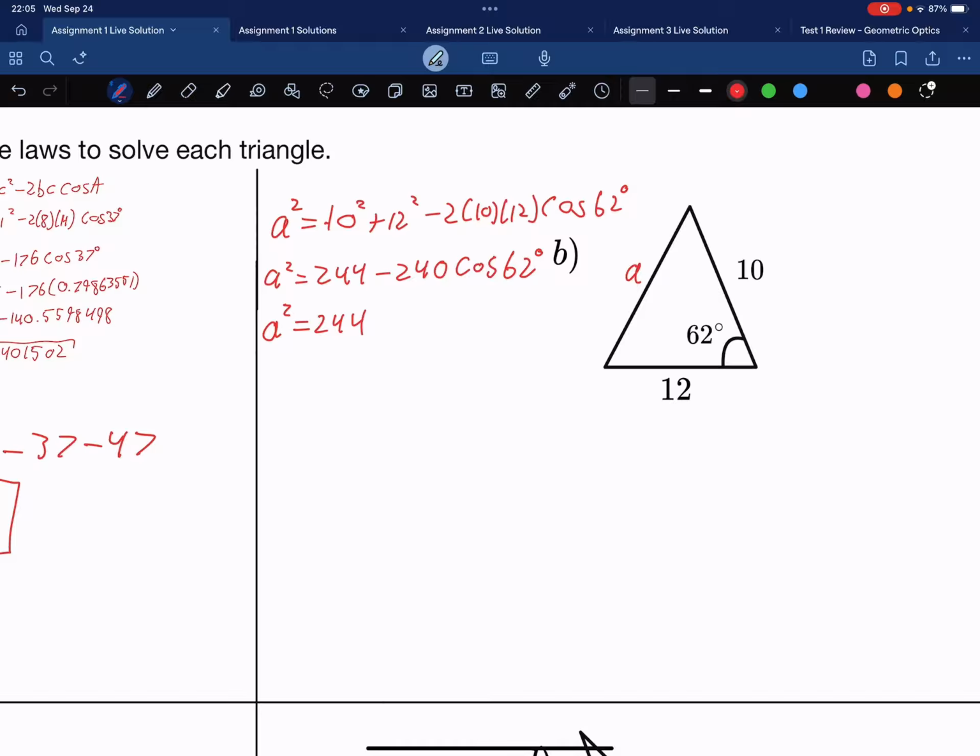So in this case, the cosine of 62 times 240 gives us minus 1,126,731,751. And that should give us 131.3268249.